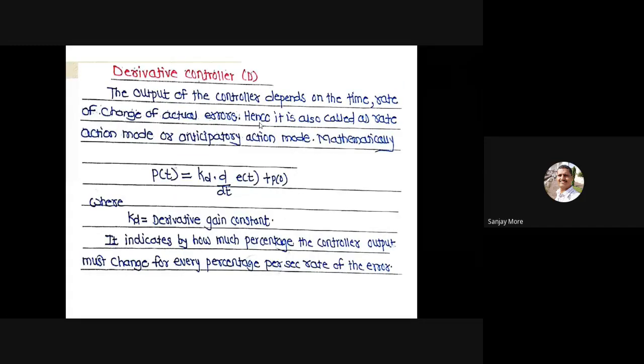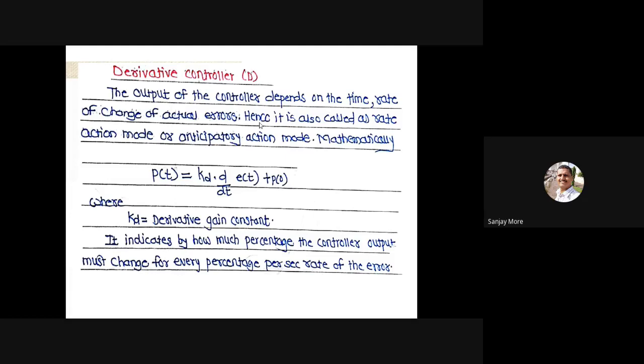Then the third one is the derivative controller. The derivative controller depends on the time rate of change of actuating error. It is also called rate action mode or anticipatory action mode. Mathematically, KD means derivative gain constant, KI means integral gain constant, and KP means proportional gain constant. So P(t) is equal to KD into d/dt of e(t) plus P0.